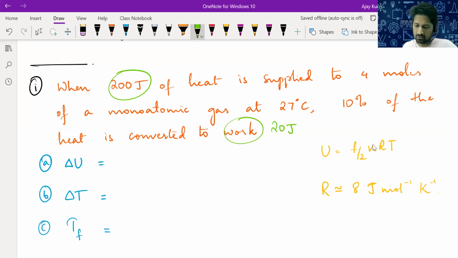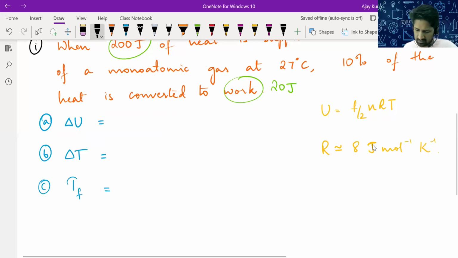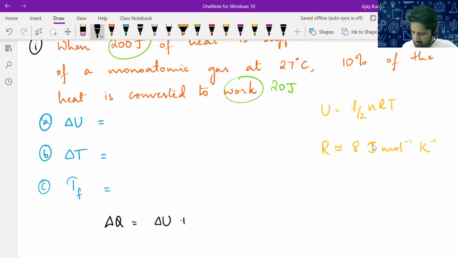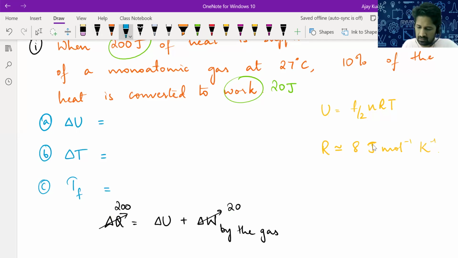We know from the first law of thermodynamics, or basically from energy conservation, that delta Q, the heat supplied, is equal to the sum of the change in internal energy plus work done by the gas. So this is 200 joules, this is 20 joules, then the rest, 180, will be delta U. So the change in internal energy of the gas is 180 joules.